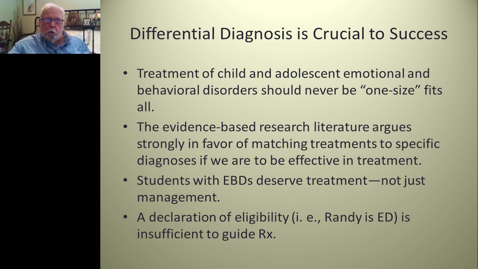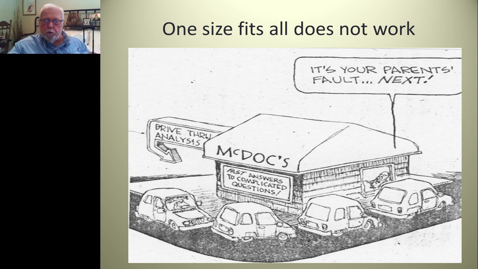The treatment of child and adolescent emotional and behavioral disorders should never be one size fits all. Strongly in favor of matching treatments to specific diagnoses if we're to be effective in treatment. Students with emotional behavior disorders need treatment, not just management.